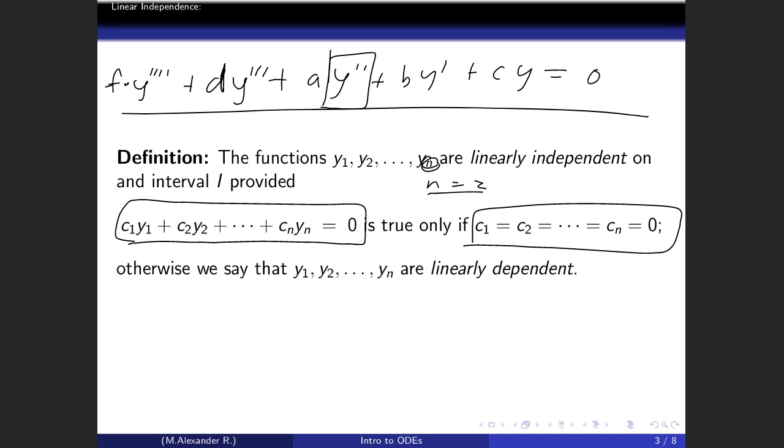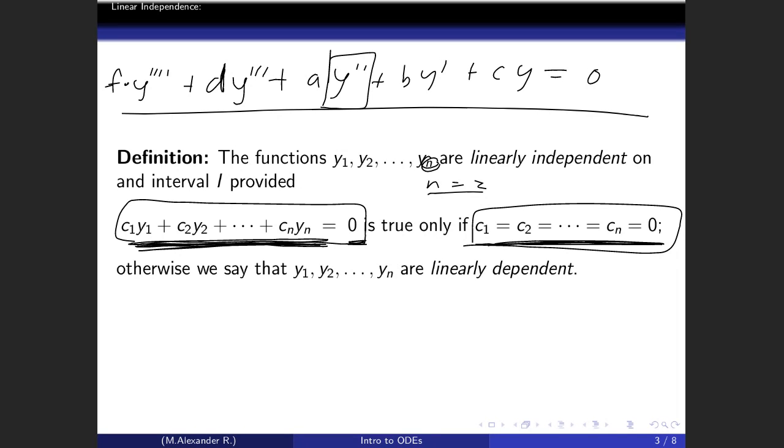Here we're dealing with an arbitrary order: could be 2, 3, or 4. So you have a collection of functions, and you make a linear combination of the functions. If the linear combination is equal to 0, what we're saying is that the numbers have to be equal to 0.